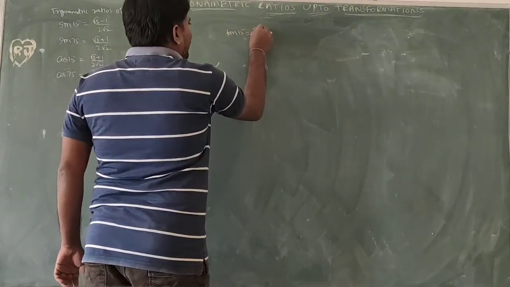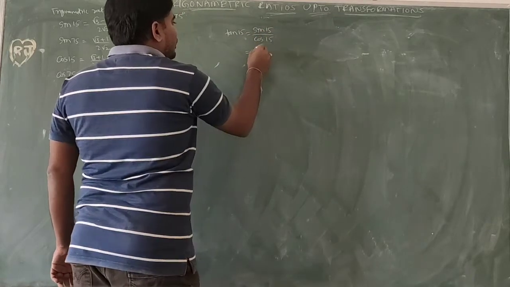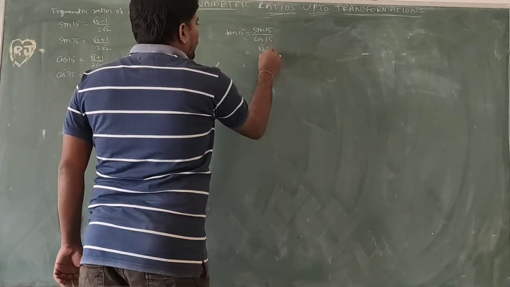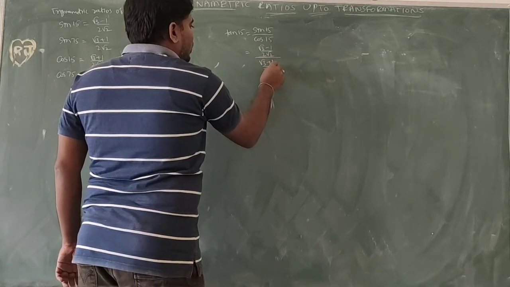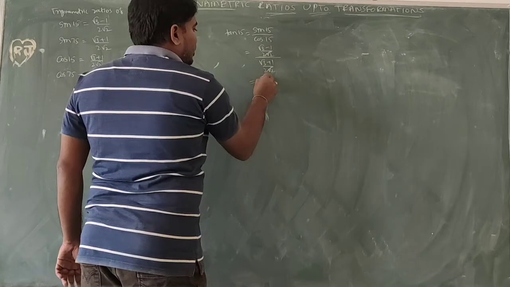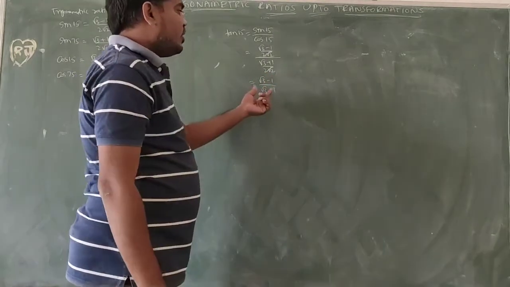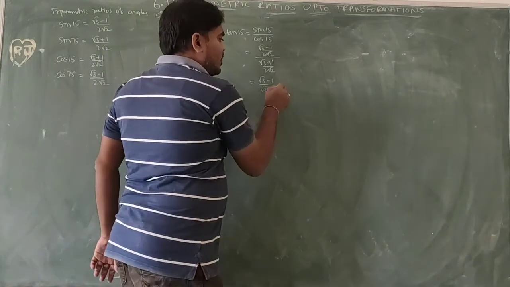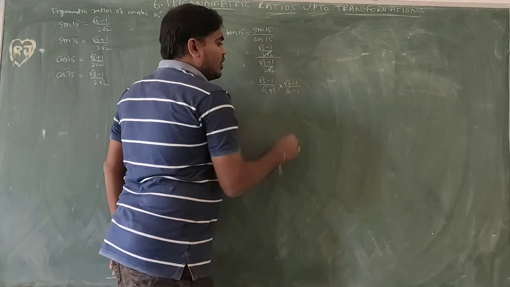So tan 15 equal to sin 15 by cos 15. Sin 15 is root 3 minus 1 by 2 root 2, cos 15 is root 3 plus 1 by 2 root 2. The 2 root 2 gets cancelled, giving root 3 minus 1 by root 3 plus 1. I want to rationalize the denominator by multiplying by its rationalizing factor, root 3 minus 1 by root 3 minus 1.